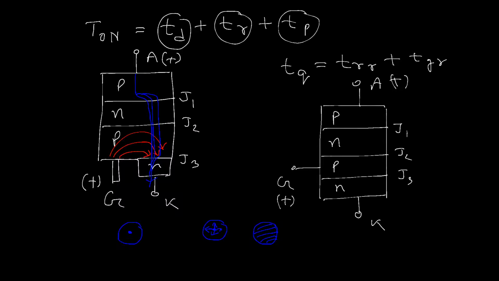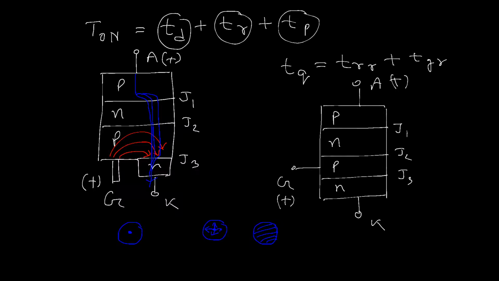But now we are trying to switch off this device. That means we are trying to reduce the anode current, which was established during the turn-on process, below the holding current. How is it possible? Suppose we add some negative biasing here. Right now the switch is in the on state, and we are trying to turn it off, so we apply a negative biasing additionally across the device.